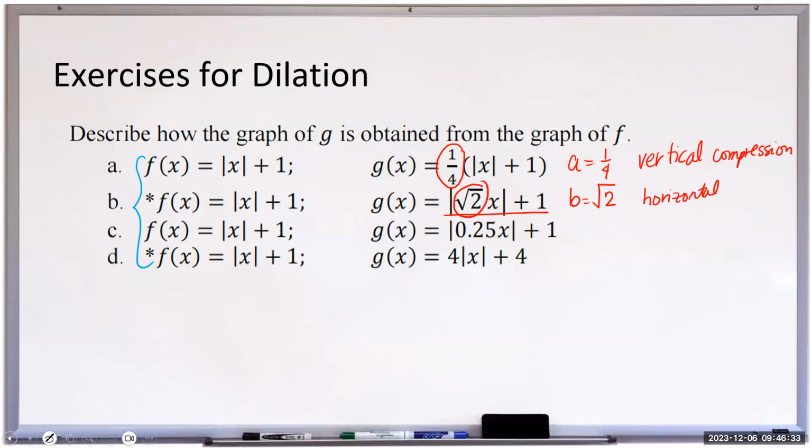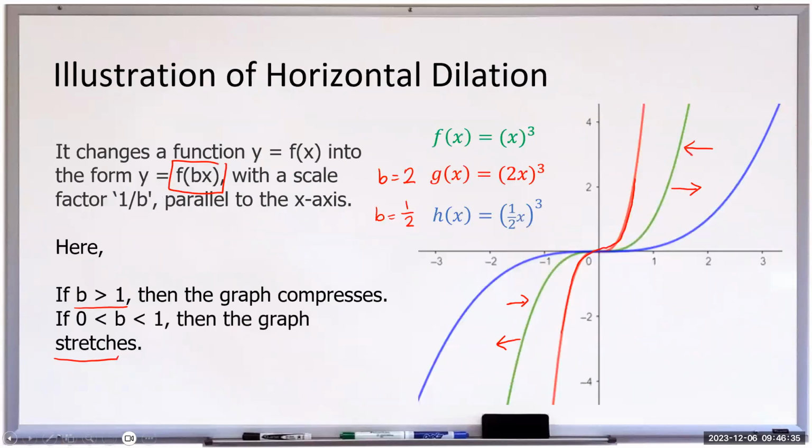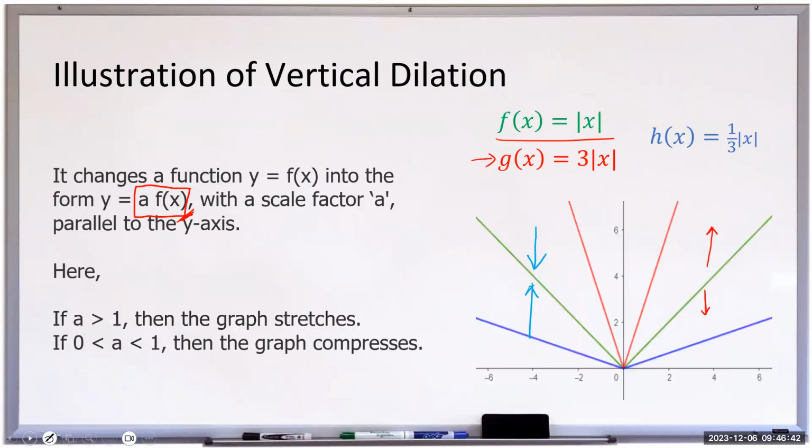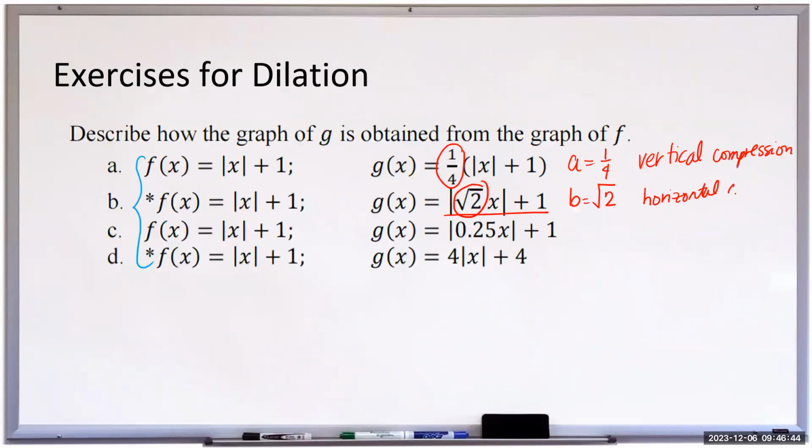So again, let us go back to the previous slide. b is greater than 1, therefore it is a horizontal compression. And the scale factor, take note, we need to get the reciprocal of this. So the scale factor is 1 over square root of 2.